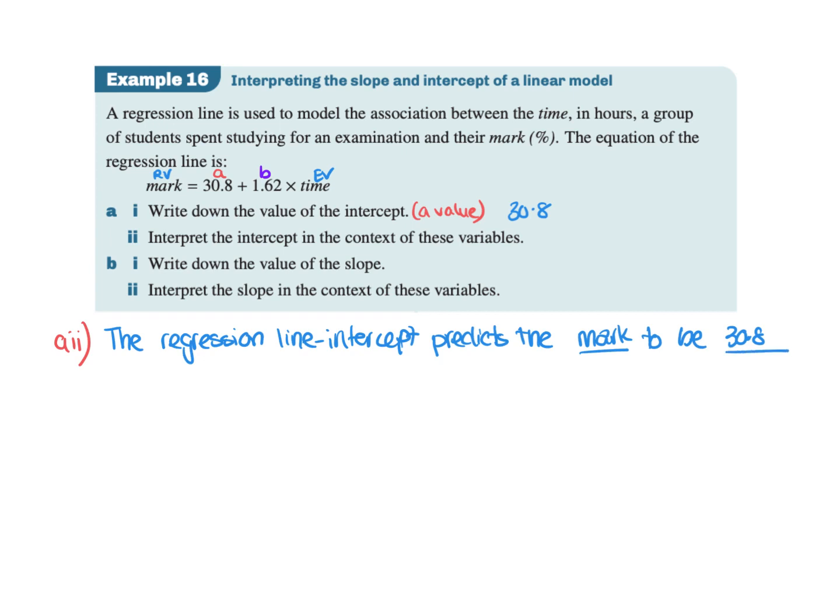It doesn't say percentage, so 30.8 is the units, 30.8% when the EV, this time, is 0. And what did they say they measured time in? Hours. Okay.